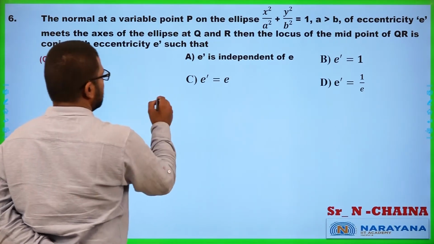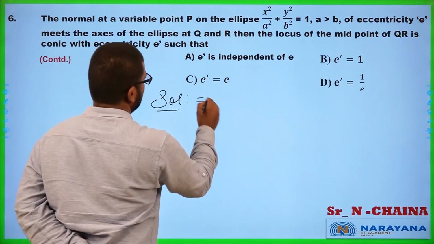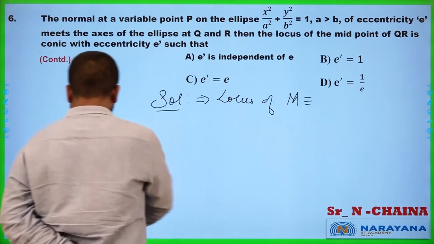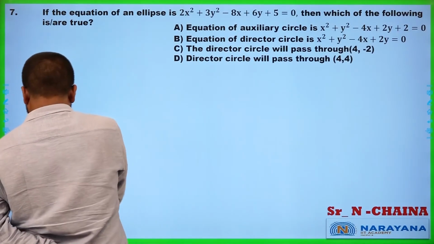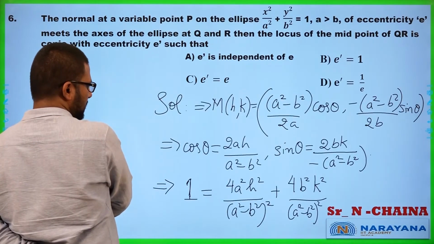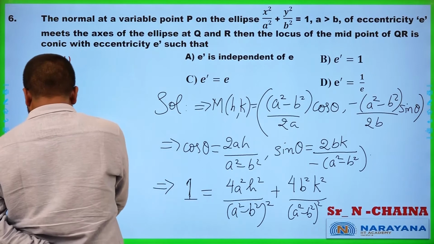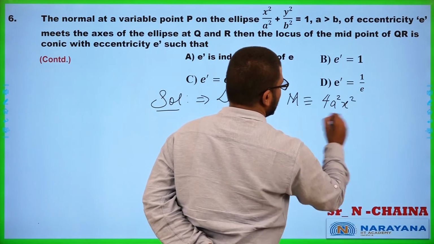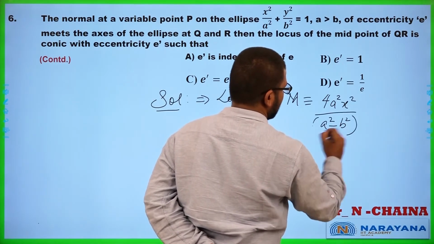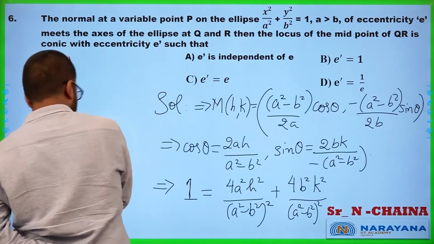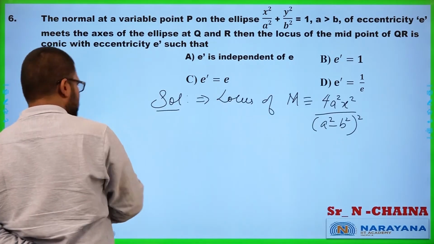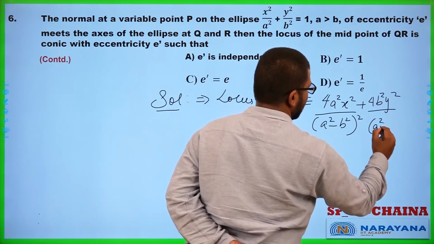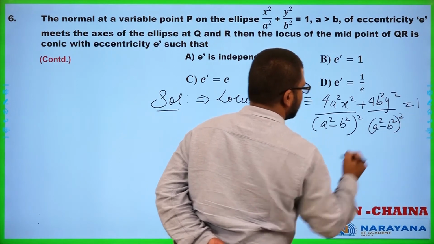So locus of M is, now replace h and k with x and y. So 4a square x square upon a square minus b square the whole square, and 4b square y square upon a square minus b square the whole square equal to 1, correct?